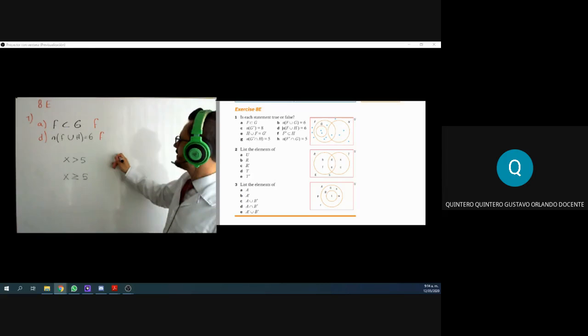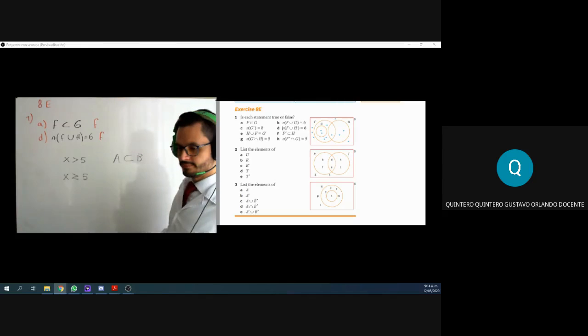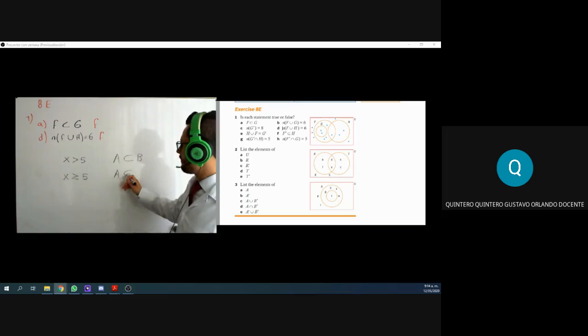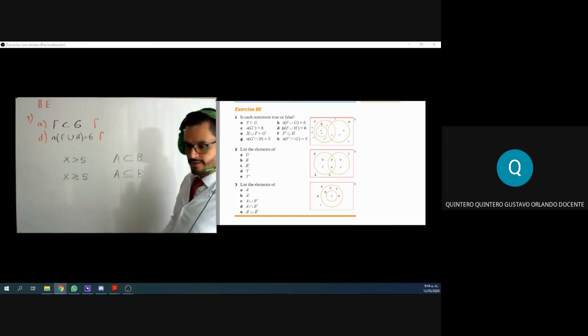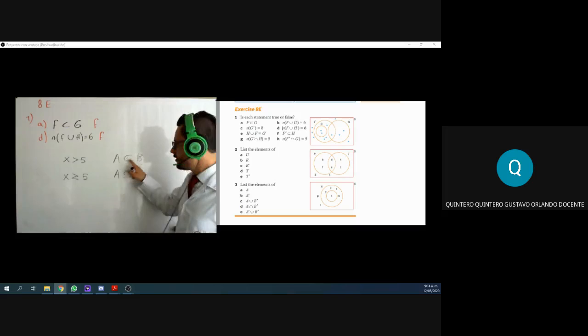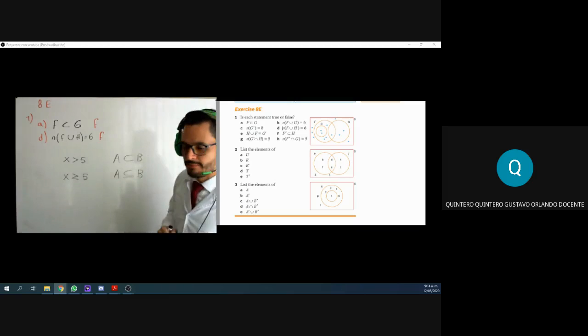Exactly the same thing happens with sets. We have one set that can be a subset of another, or we have a set that can be a proper subset of another. The little line under the sign signifies that the two sets can be the same. They can be the same.